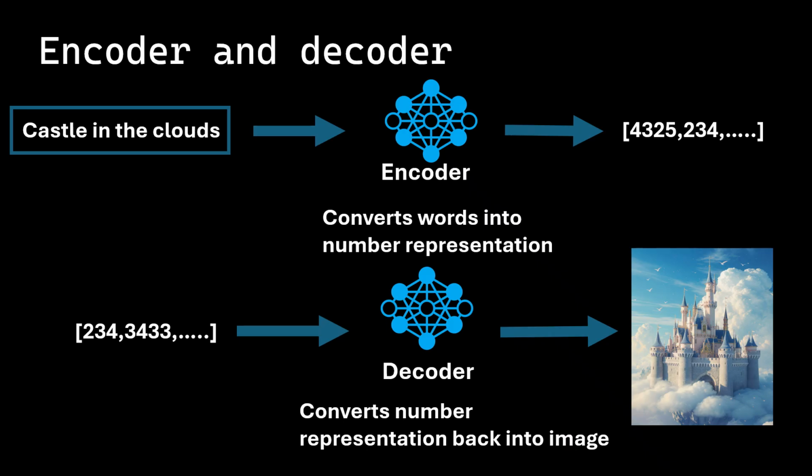And the diffusion model will output yet another set of numbers in this space. That's where the decoder comes in. The decoder takes the image outputted from the diffusion model in numerical space and outputs the actual image that we can see. Think of it like the encoder translating English into the AI's language, then the decoder translating it back into pictures.